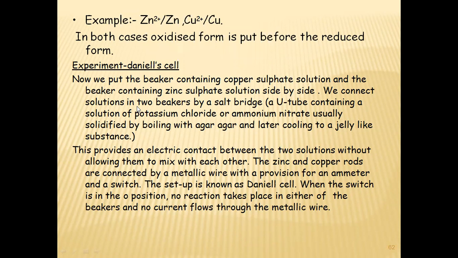That O sign means your switch is off, and that dash or 1 on the opposite side, if that side is on, it means your circuit is on. So if the circuit is off, your switch is off, no reaction will take place since no current is passing or flowing through the metallic wires.